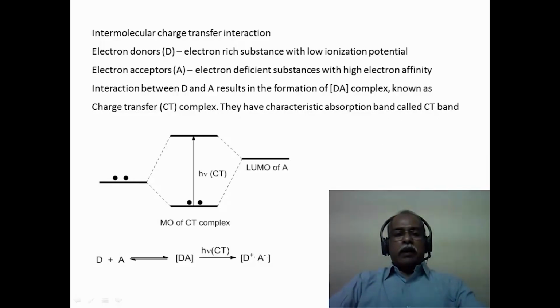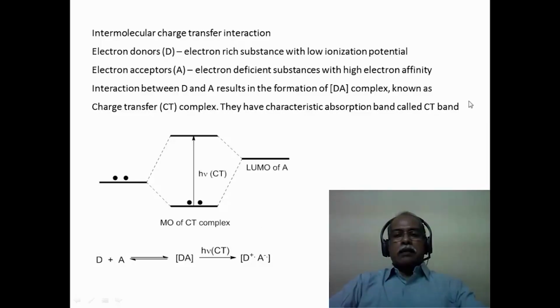Now if you take the highest occupied molecular orbital of the donor, which is a filled molecular orbital, and the lowest unoccupied molecular orbital of the acceptor, which is shown here, an empty molecular orbital. When they come in close proximity to each other, an energy level is created which is characteristic of the molecular orbital of the charge transfer complex itself. This will be the HOMO of the charge transfer complex, and this will be the LUMO of the charge transfer complex.